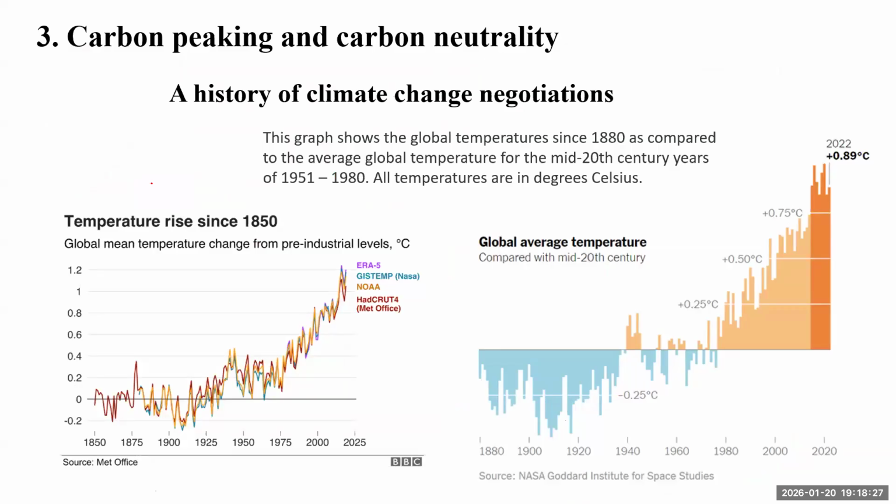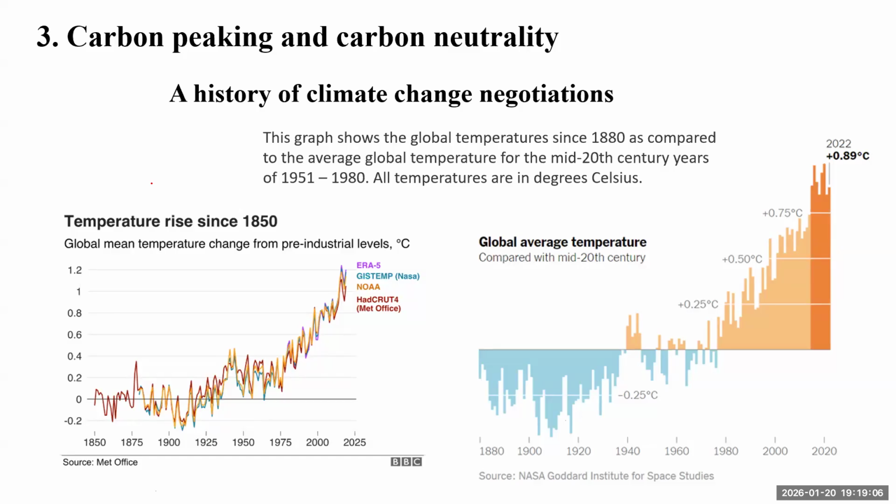Since the Industrial Revolution, there's been a sharp increase of greenhouse gas concentration levels in the atmosphere. Now we talk about carbon, because regarding the water cycle, it's difficult to control the water vapor. So we talk about carbon, but not only carbon dioxide, also methane and halocarbons as well.